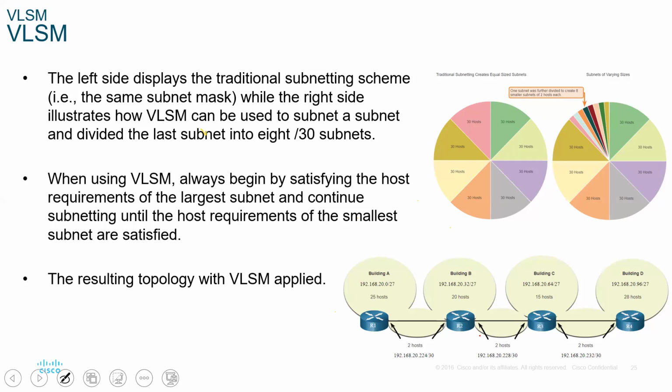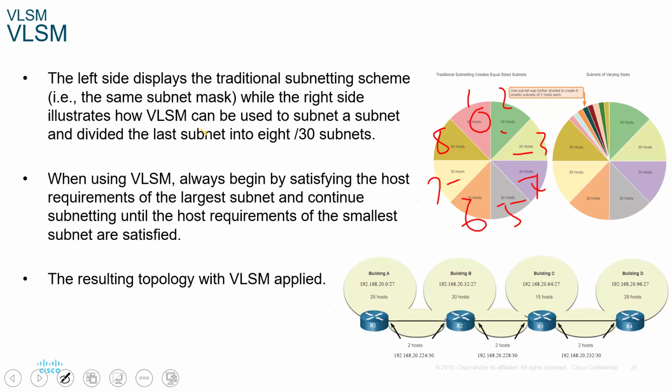Now, let me make you understand. The regular one that we use for /27 divided the subnet into 30 hosts each. How many subnets? 1, 2, 3, 4, 5, 6, 7, 8. 8 subnets, and each of these subnets has 30 hosts equally.